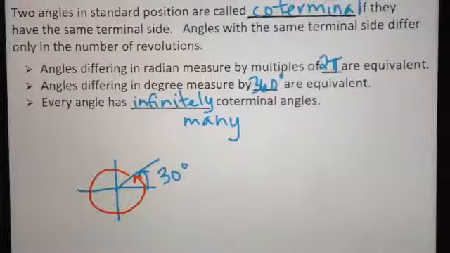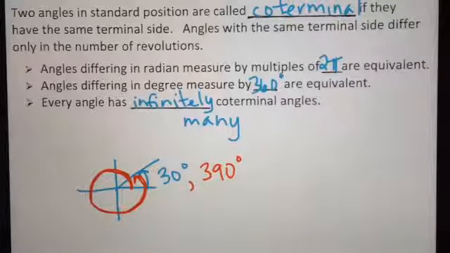So if I started in standard position and went all the way around like this, I end up in the same spot. And so instead of being at 30 degrees, that red angle, even though it's in the exact same spot, is now at 390 degrees. It went to 360 and then went a little bit past. So those angles are coterminal because they end in the same spot, but they have different degree measures.